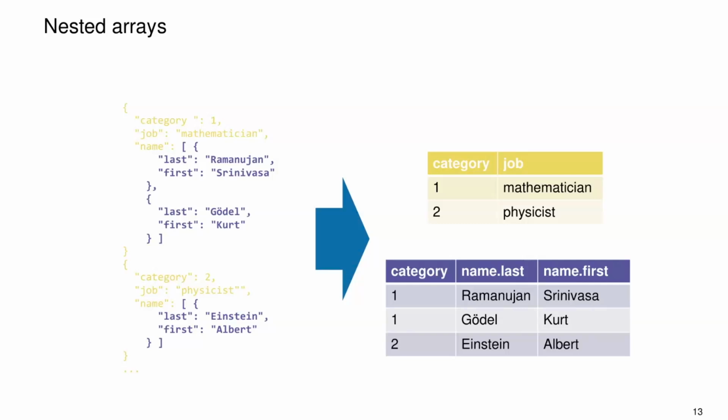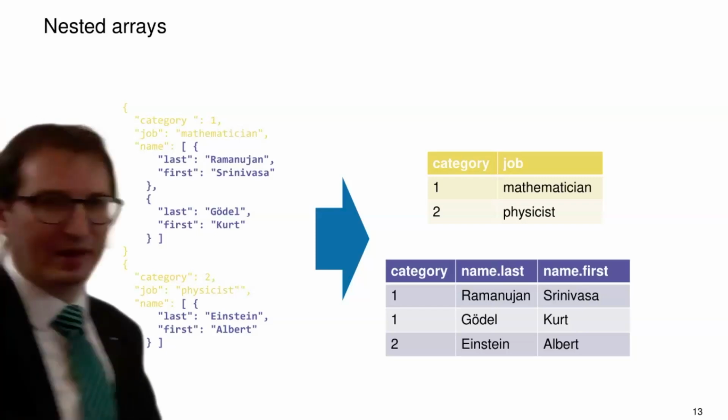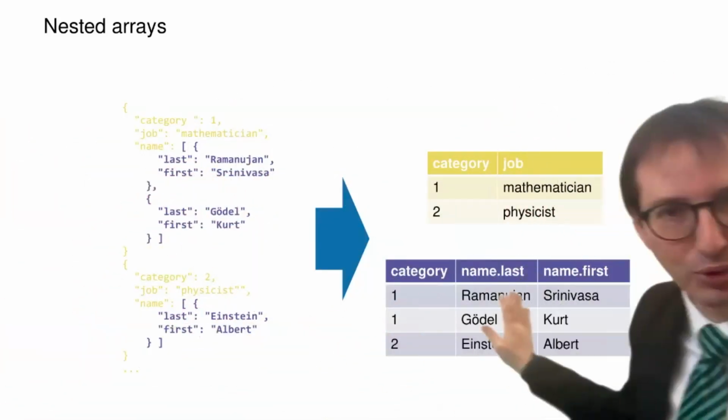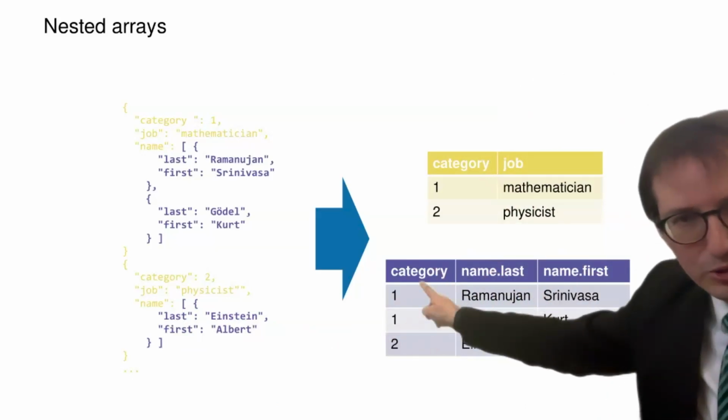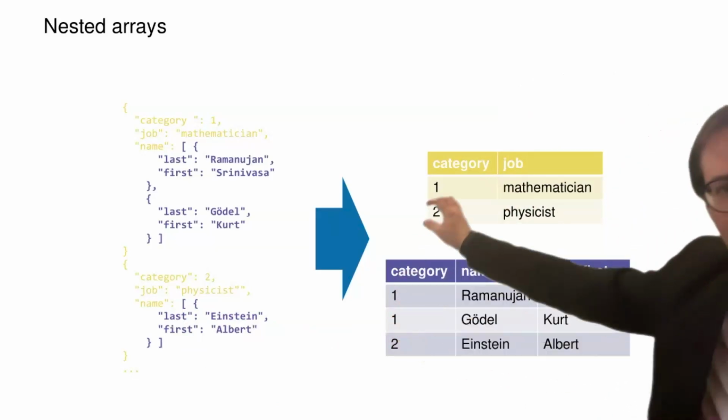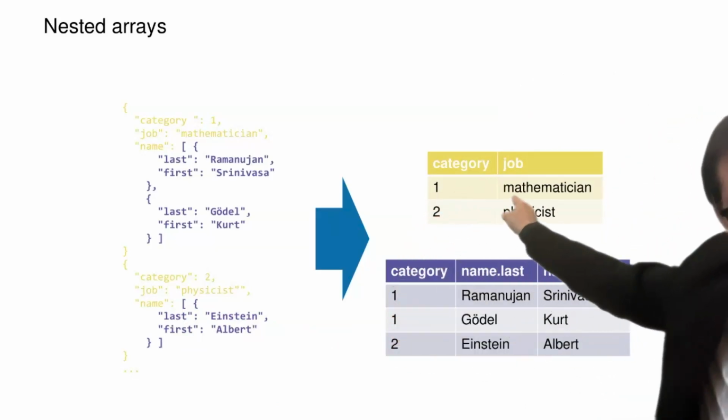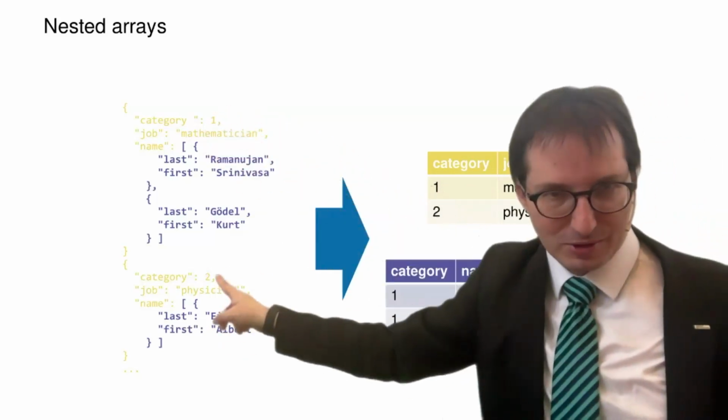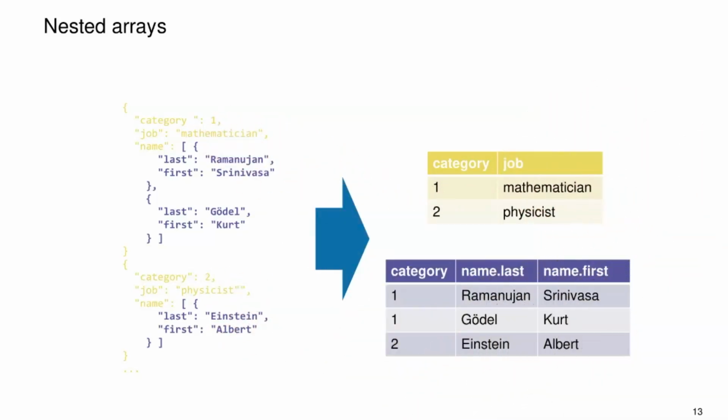Well, in some cases, you can do it. Like here, you realize that name is kind of a nested substructure with last and first. So what you can do is you create a second table. You have multiple tables. You create a second table where you store last and first, right? So all of that nestedness in the array, you put it in another table, and then you use numbers to connect it back with a join to the high-level structure that you have here, right?